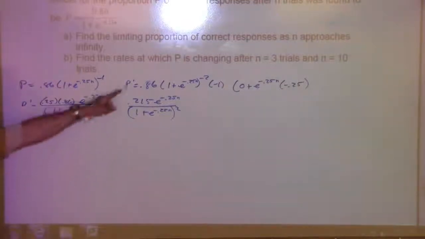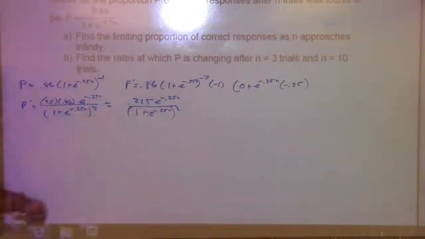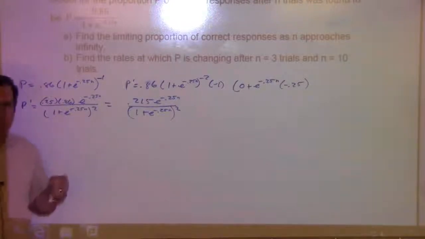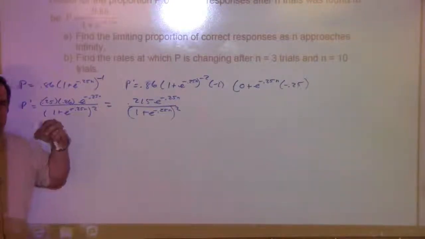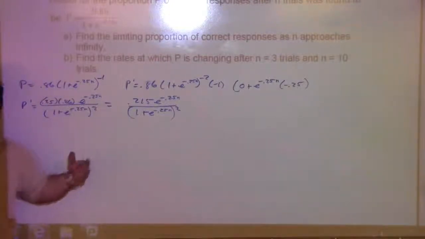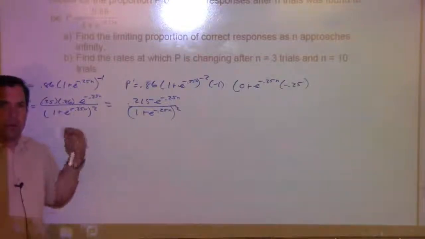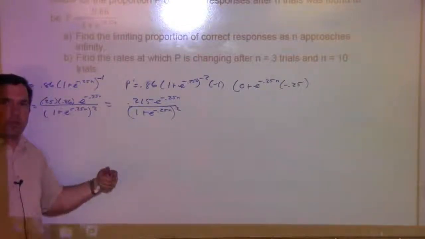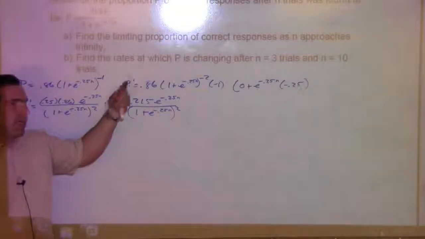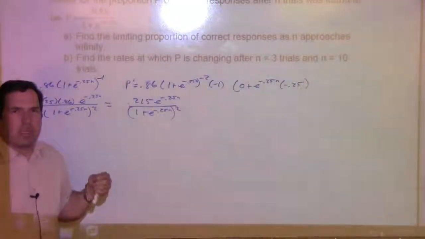Now we're going to plug in 3 for n and 10 for n. So this is the rate of change, the rate at which it's increasing or decreasing. It should be increasing with more trials. So at what rate is it increasing as the trials go on? So what's the rate that's increasing after 3 trials and the rate of increasing after 10 trials?